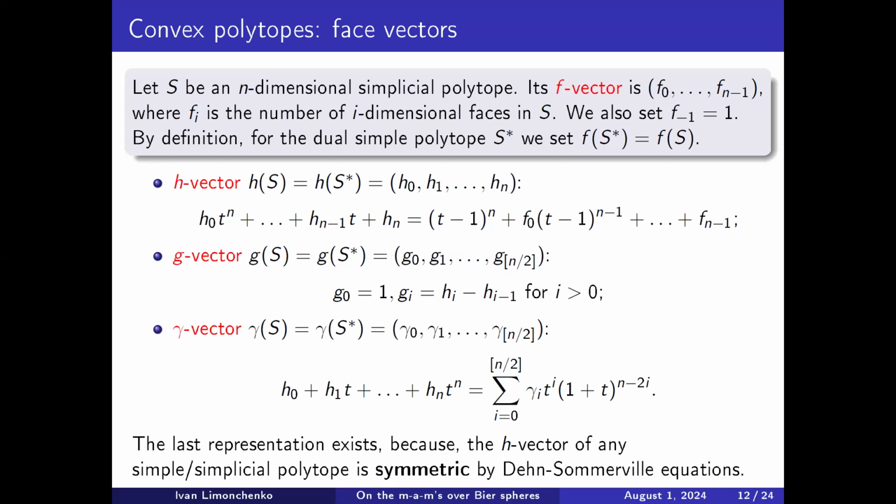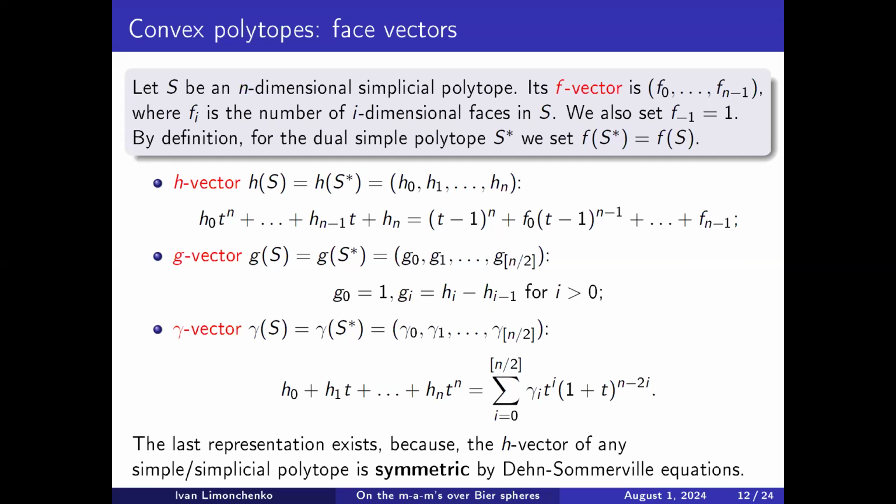And the gamma vector can be defined only if the h vector is symmetric, but the h vector is really symmetric not only for polytopal spheres but, as we know from enumerative combinatorics, for any simplicial or even homology sphere by the Dehn-Sommerville equations, and these equations hold for any homology sphere. So we can define the gamma vector also.